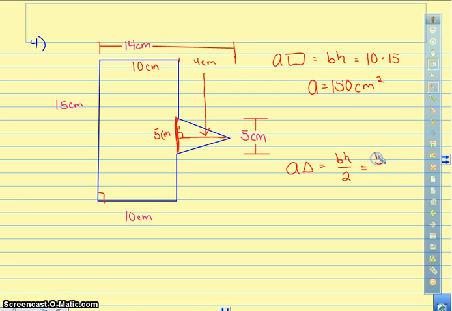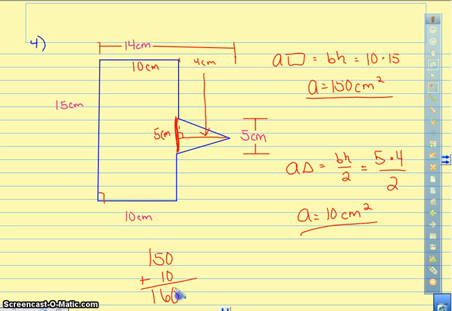My height, I said, was 4. And I'm going to divide that by 2. So 5 times 4 is 20. 20 divided by 2 is 10 centimeters squared. Since I'm combining these two pieces, once again, I'm going to add 150 plus 10 is 160 centimeters squared. That is my total area.